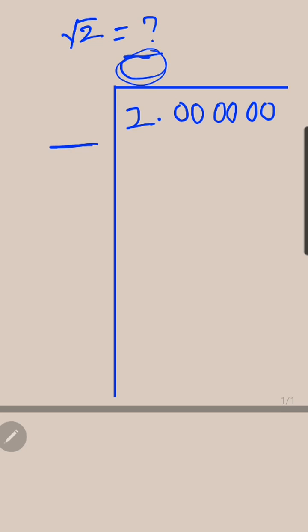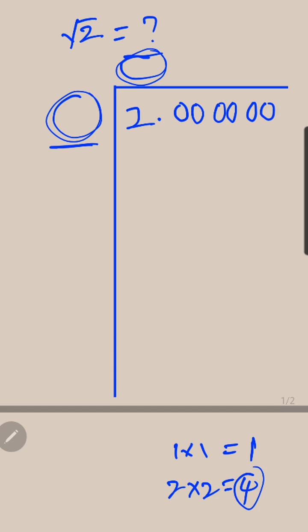This quotient and divisor must be equal, and when we multiply these two, divisor and quotient, the product should be equal to 2 or otherwise less than 2. So what is the possibility? There is only one possibility. For example, 1 ones are 1 is less than 2, or otherwise if I take 2 twos are 4, that is greater than 2.